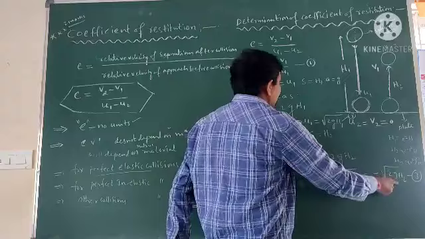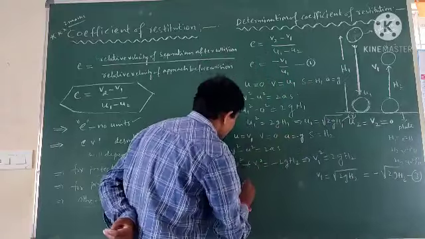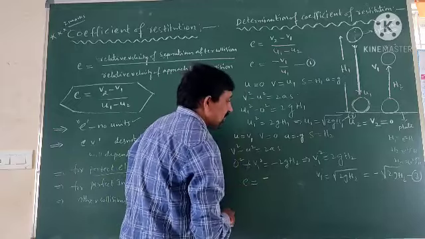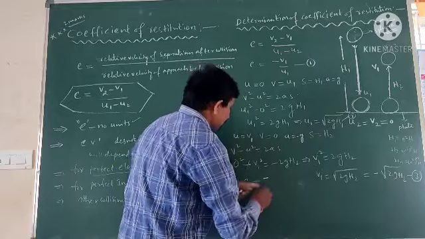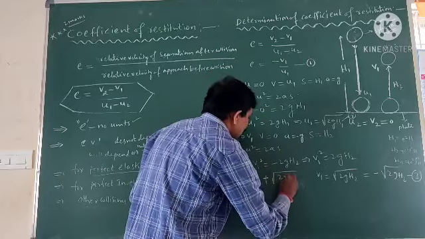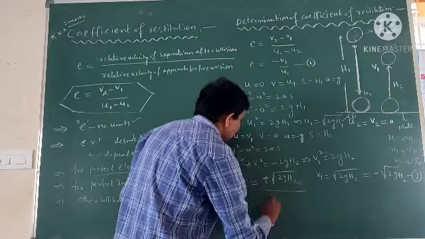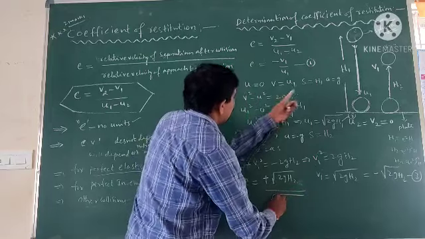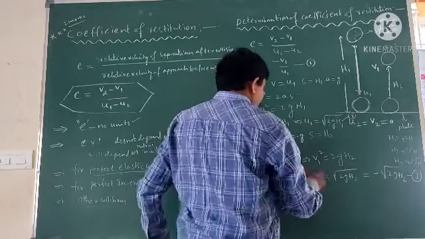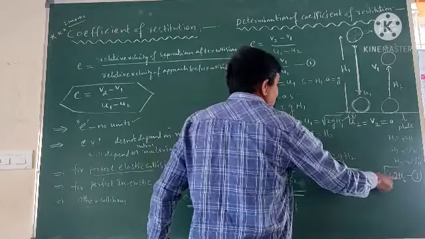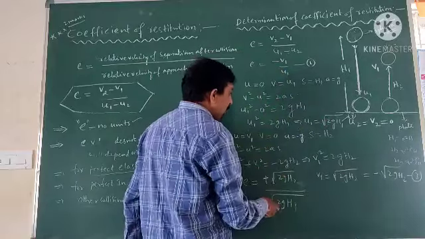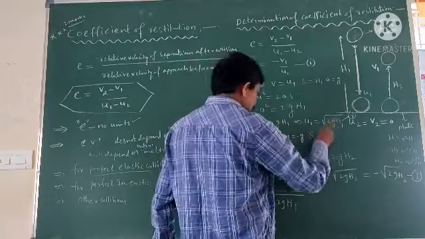Equation 2 value and equation 3 value, substitute in equation 1. So e is equal to minus v1, minus into minus plus, under root of 2gh2 by the u1 value, under root of 2gh1.